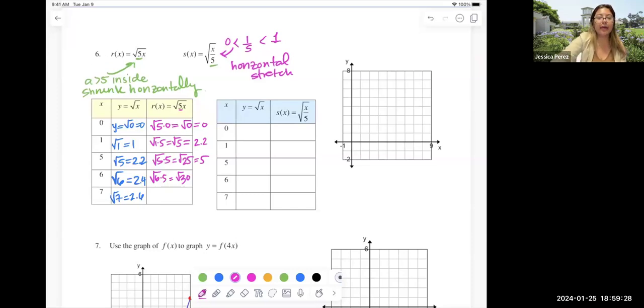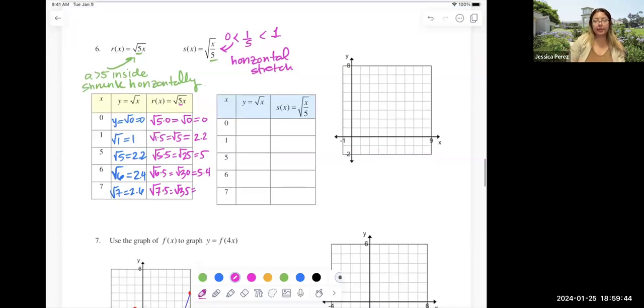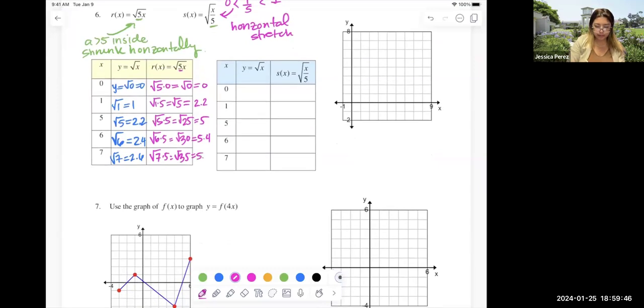Again, approximating what the value is, it's not a perfect root, so that's 5.4. And then lastly, the square root of 7 times 5, which is the square root of 35, which is also not a perfect root, but it's very close to 6, but it's 5.9. So then we're ready to graph our functions.